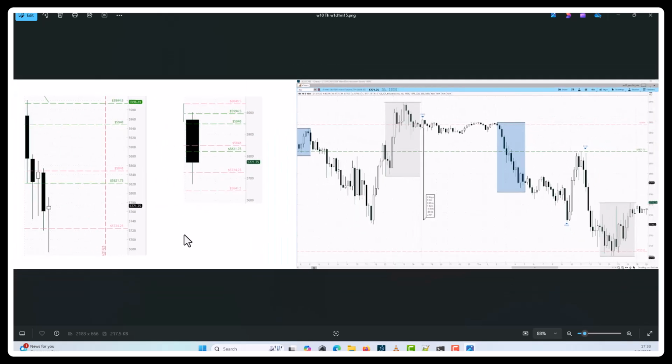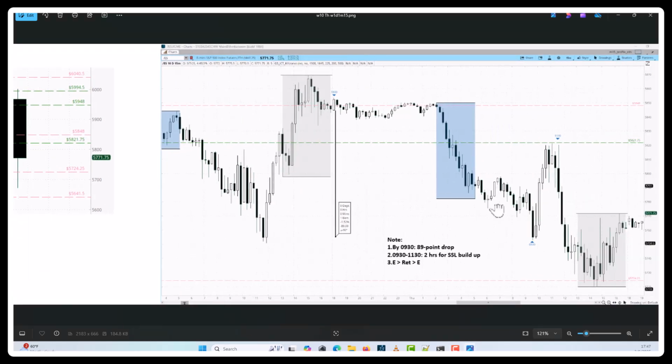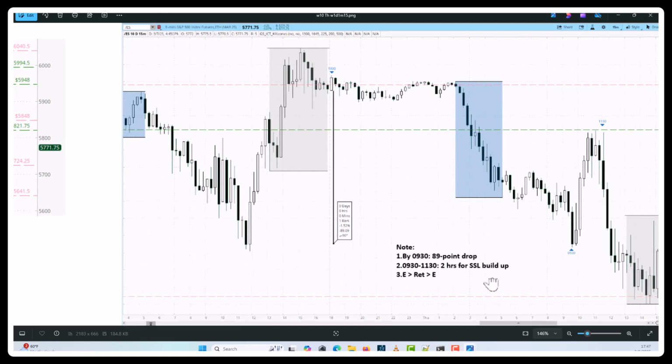We're going to do the same exercise for last week so we can see the pattern or anything that we can learn. Alright, we noticed that on this Thursday by 9:30 we see a huge drop right there. It's a 90-point drop, 89-point drop right there. That's the first thing we observe.